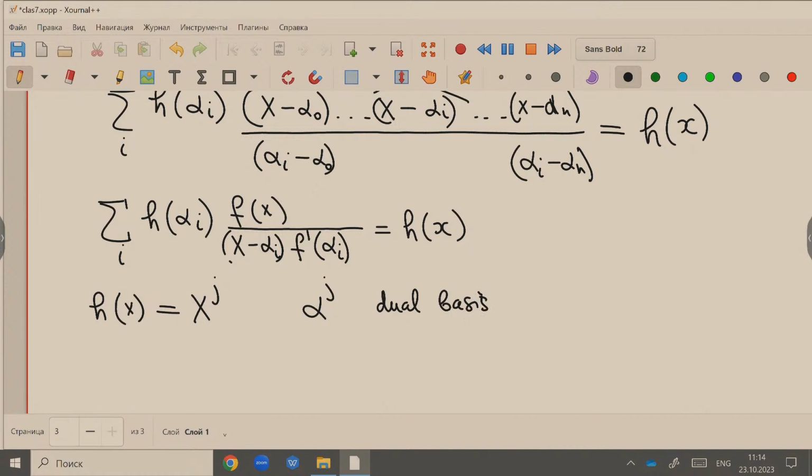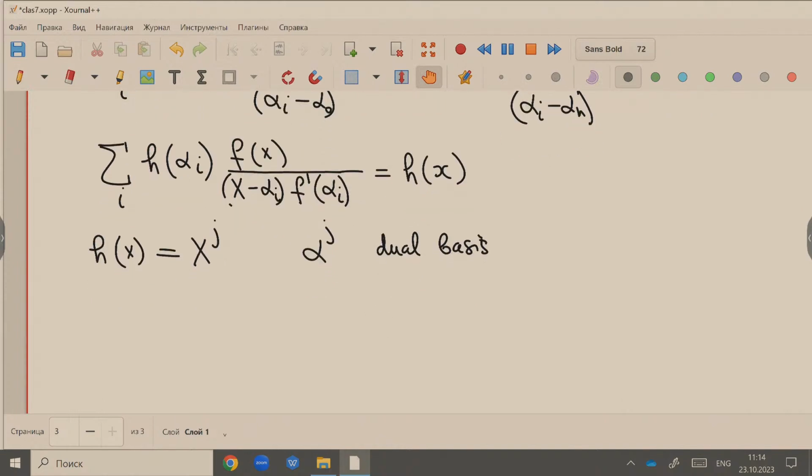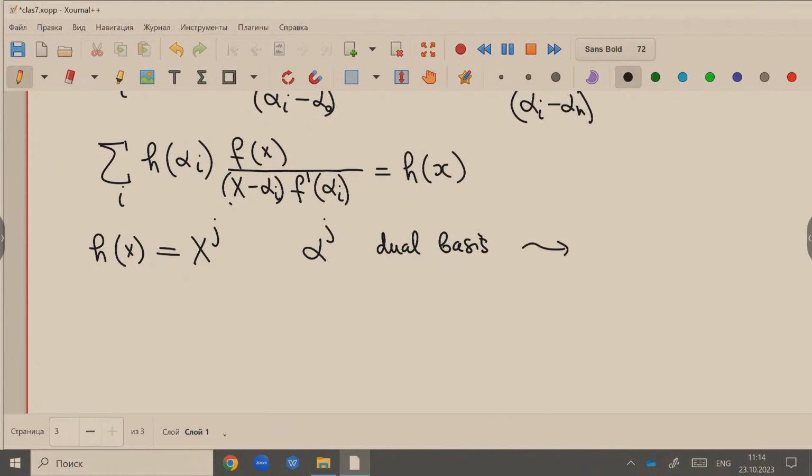And if you want to write the dual basis, what do you have? Notice that if you write down the conjugates of alpha, these are just the alpha i's. And what is standing here? Here you have the polynomial f of x divided by x minus alpha. It is some polynomial in the roots of alpha.